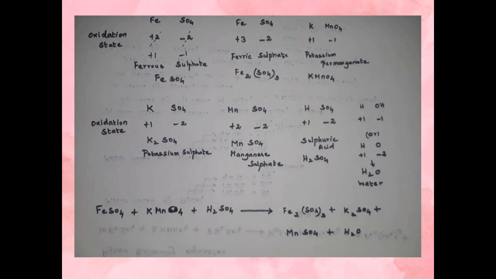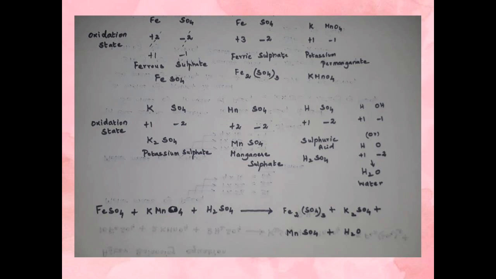In the same way, ferric sulfate: the oxidation number for iron is +3, SO4 is always -2. After applying the crisscross method, the 2 goes to iron and 3 goes to SO4. So we get the ferric sulfate formula Fe2(SO4)3. And KMnO4: the potassium is +1, MnO4 is -1. Applying the crisscross method, we get the potassium permanganate formula KMnO4.